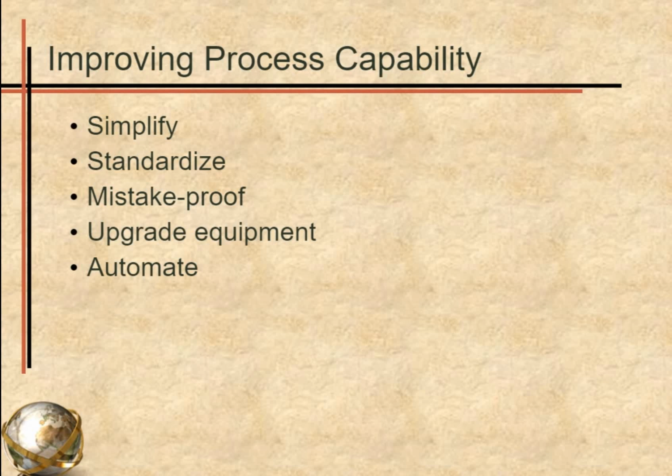We can do simplification of the process, which makes it easy to maintain, easy to identify problems, and easy to improve. And we can do standardization. Standardization is another technique, and there are some other techniques.